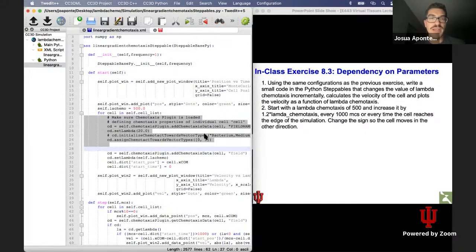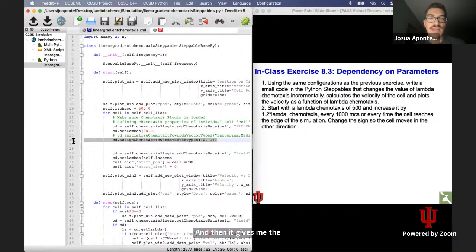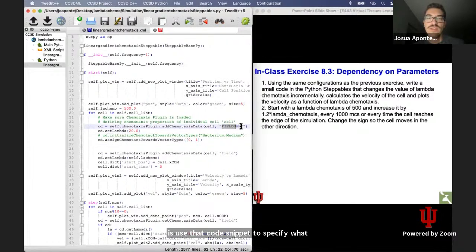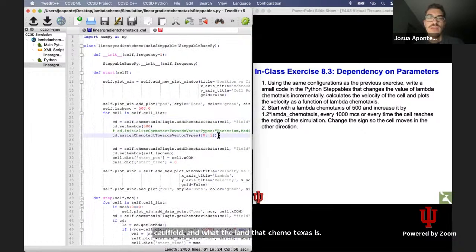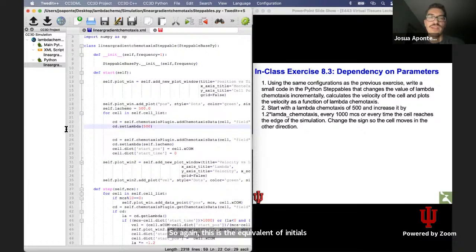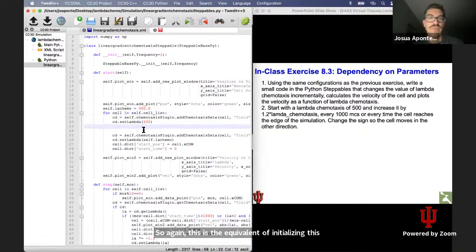And then it gives me the code snippet. All I need to do is use that code snippet to specify what the field is going to be that my cell is going to move to. In this case, it's called field, and what the lambda chemotaxis is. So again, this is the equivalent of initializing this information in the XML file.